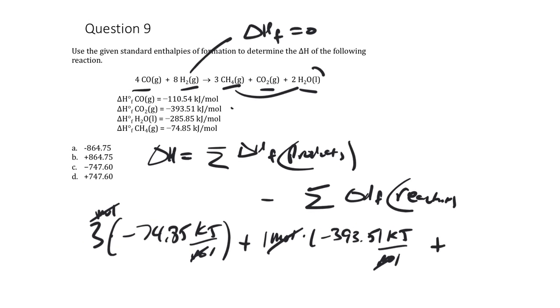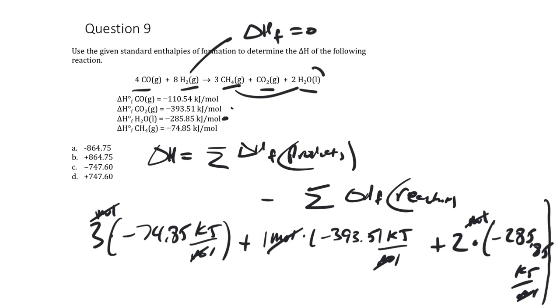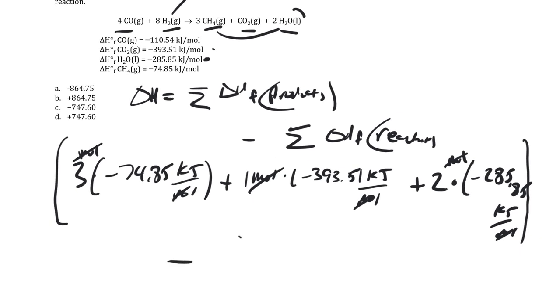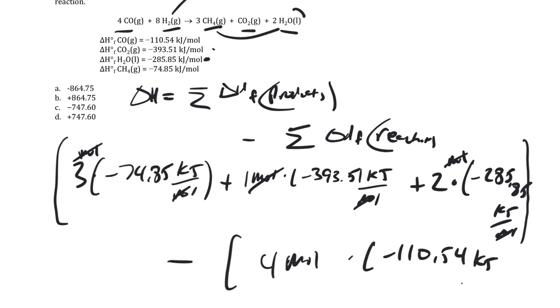And then plus 2 times liquid water, making sure to use liquid, not gaseous water, although gaseous water is not given. But 2 times negative 285.85 kJs per mole. And again, that's 2 moles times, so the moles cancel. So this is the sum of my reactants here. And then minus the sum of the products, which would just be 4 moles times CO, minus 110.54 kJs per mole.